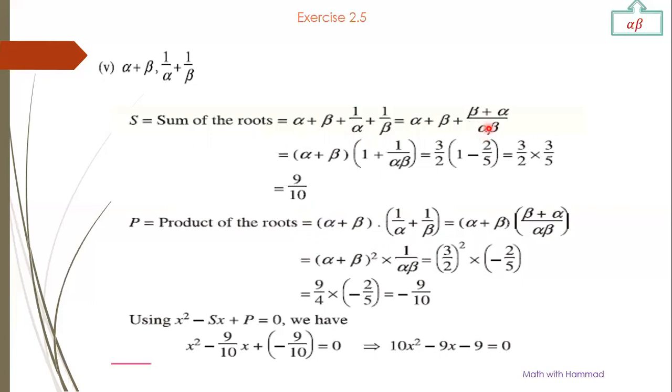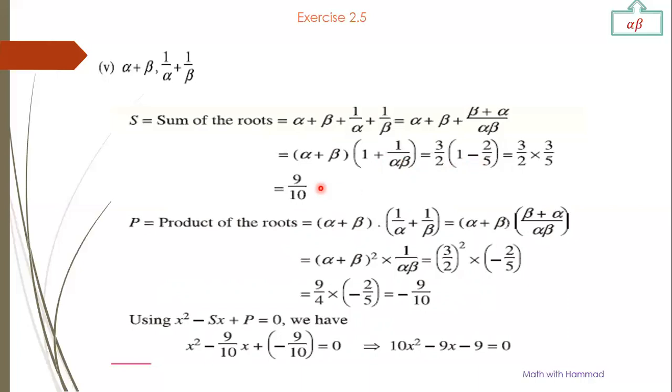Beta plus alpha can be written as alpha plus beta. So we can take common alpha plus beta, remaining is 1 plus 1 over alpha beta. Alpha plus beta is 3 by 2, and 1 over alpha beta, where alpha beta is minus 5 by 2, means minus 2 by 5.